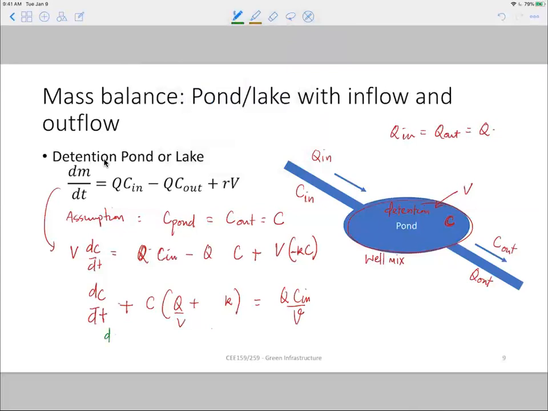So that will be dy over dx plus p(x) y should be q(x). If you search in Google what's a linear first order equation, that will be the form.